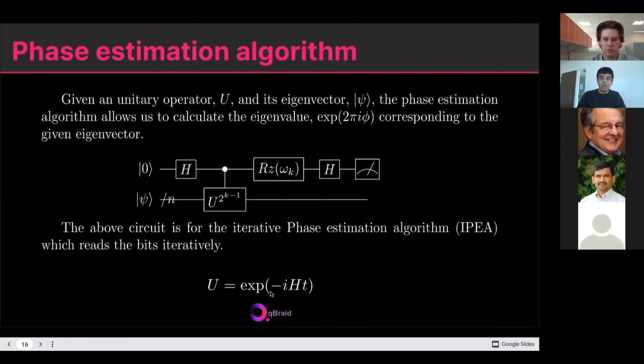And one main thing I'd like to emphasize, this could be an approximate wave function. This doesn't need to be an exact wave function, right? And then you can use this phase estimation algorithm for your quantum chemistry problems to figure out the energy, right?